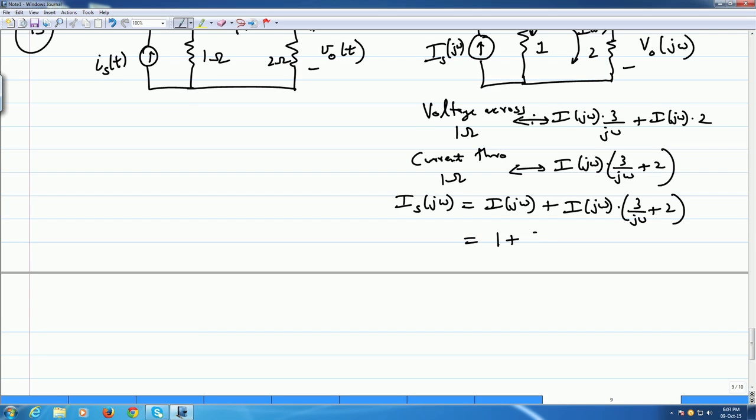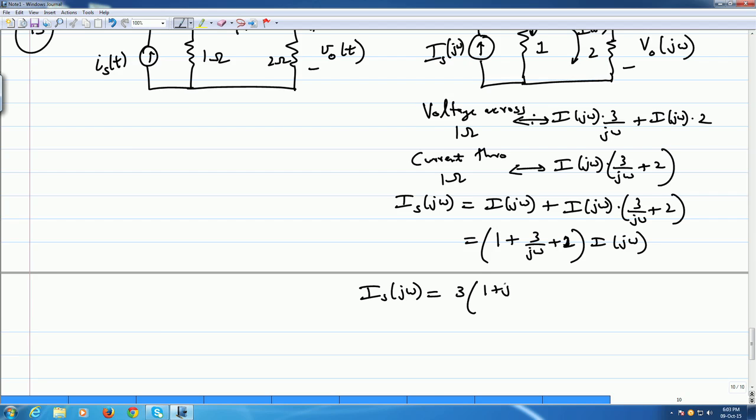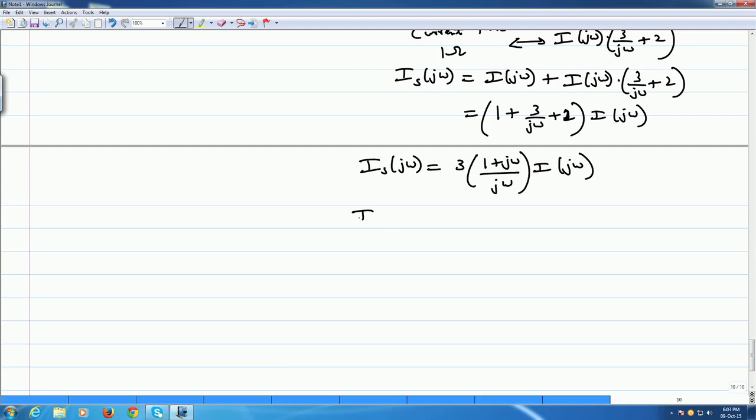Is of j omega equals 1 plus 3 by j omega plus 2 times I of j omega, and one can simplify this further. So, you write Is of j omega is actually 3 times 1 plus j omega by j omega into I of j omega, and one can simplify this further and write I of j omega is actually j omega by j omega plus 1 times 1 by 3 times Is of j omega.